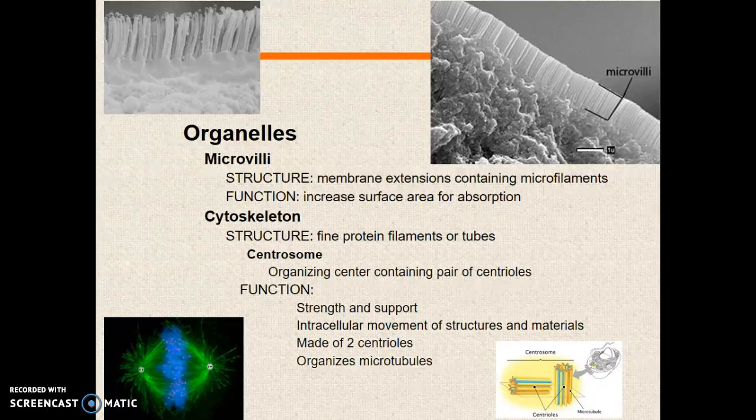They organize the microtubules, but it's this object where these cylindrical structures are at right angles to each other within the cell. For cell division, these divide and migrate to opposite ends of the cell to organize protein fibers so that the chromosomes can move during cell division.